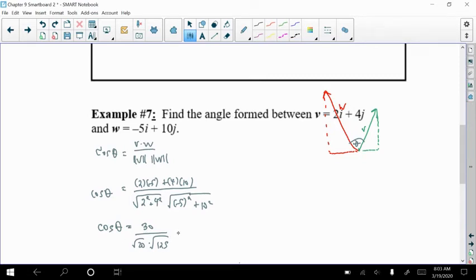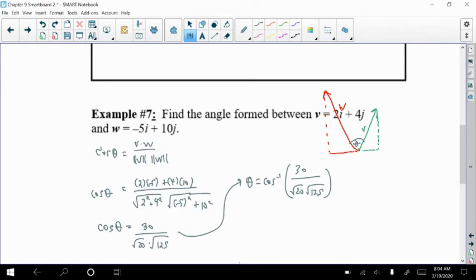I could just type this in and then do inverse cosine of that. So remember, theta is going to be the inverse cosine of this particular ratio. So 30 divided by the square root of 20 times the square root of 125. Now, this is a positive ratio, and I know that a cosine with a positive ratio would be in the first quadrant. So I know this is going to be an acute angle.